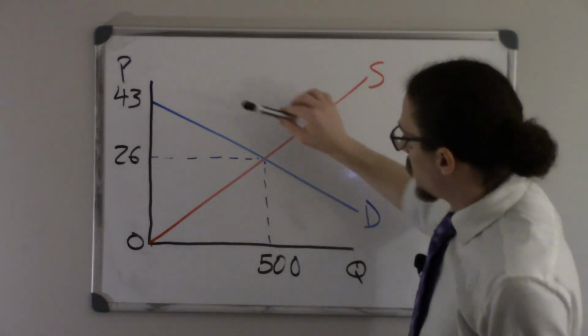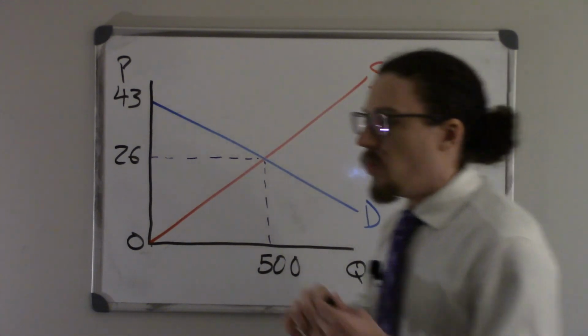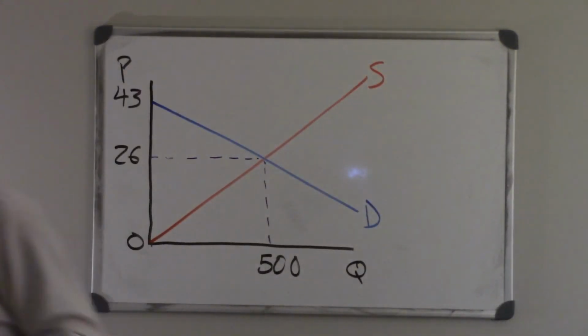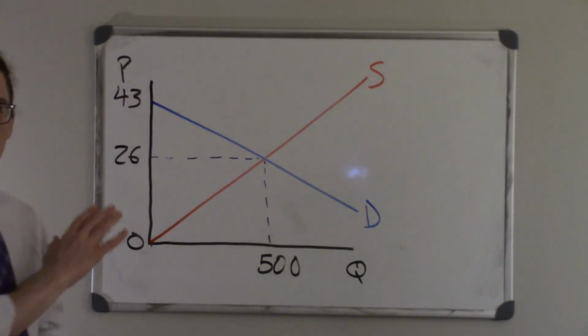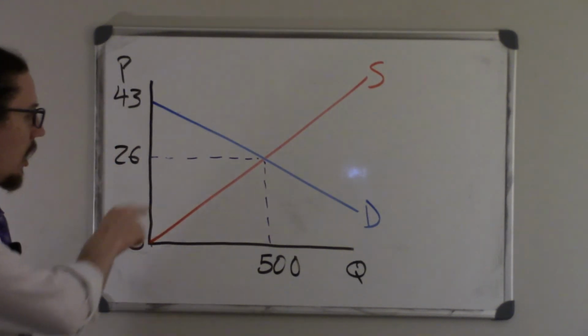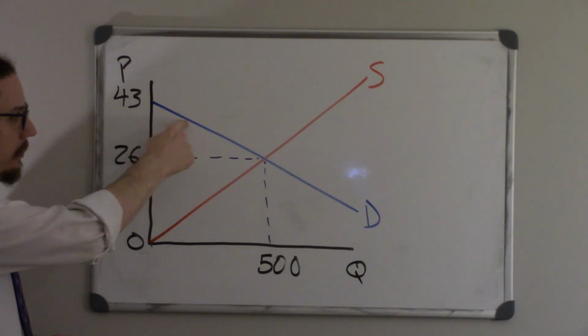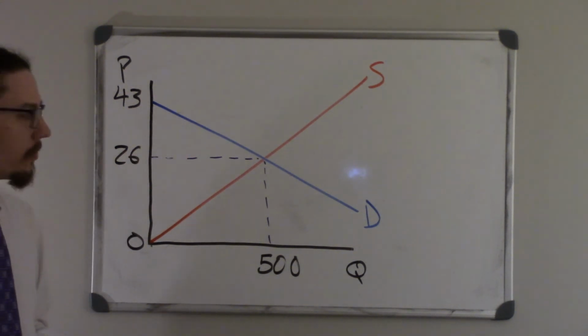So we can visualize our consumer surplus as the area on the graph above price and below demand.